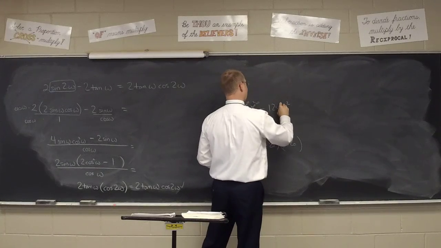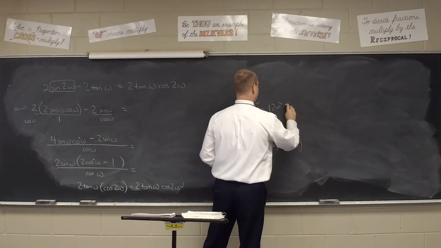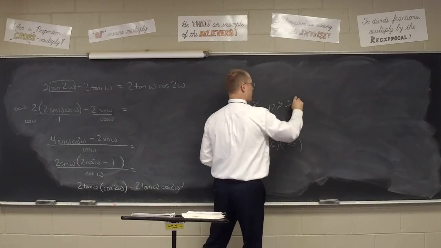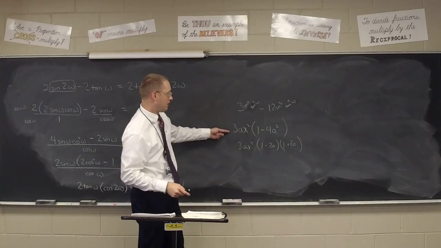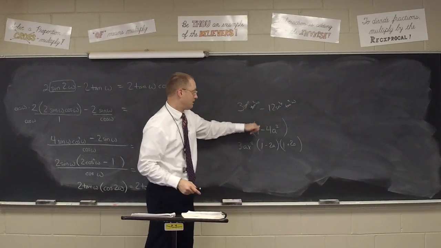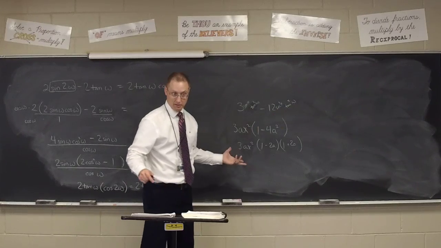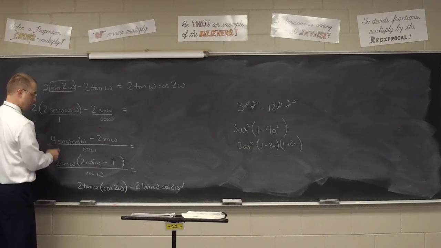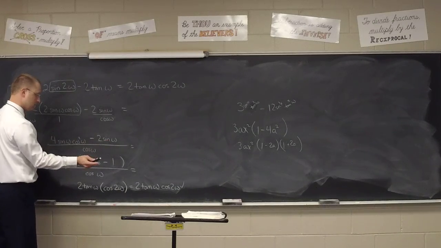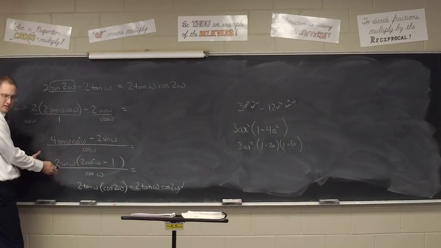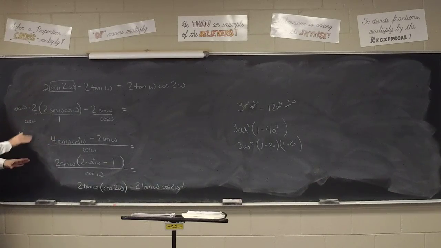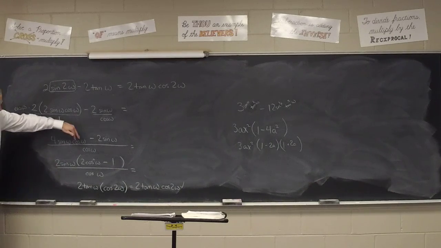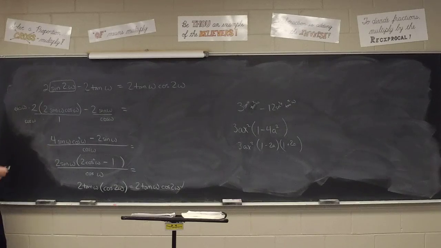So this would be like a secant cubed alpha and a tangent squared omega. But you see there's still a 3 common, there's a secant alpha common, there's a tangent squared omega common. Same kind of thing. I've got a 2 common, I've got a sine common, so I can pull out the 2 and the sine. Do you see it now, the parallel between what you learned in algebra? Again, it's just not x's and y's, it's sines and cosines. And that's where you've got to be careful.